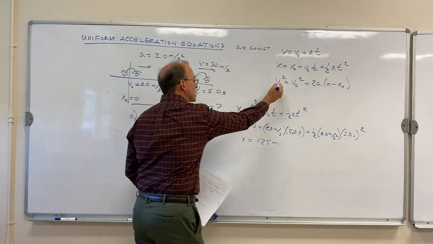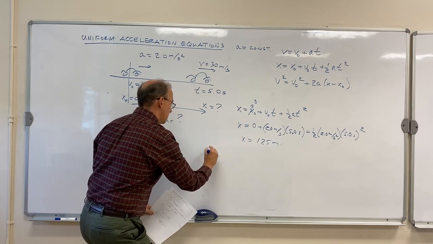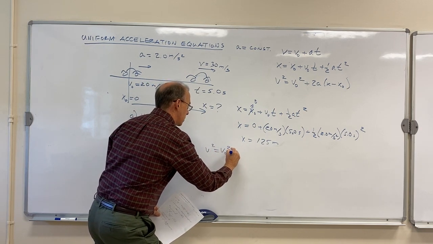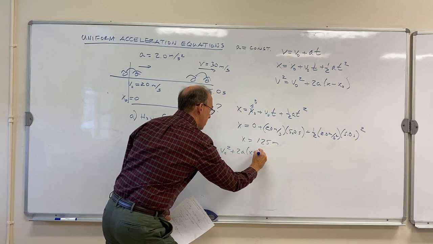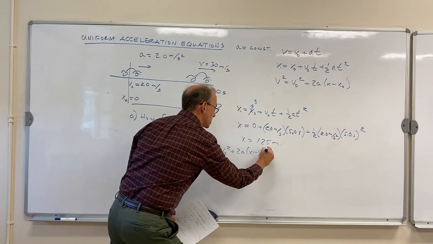We could have used this equation. We could have said v squared is v naught squared plus 2a times x minus x naught. x sub 0 is 0.